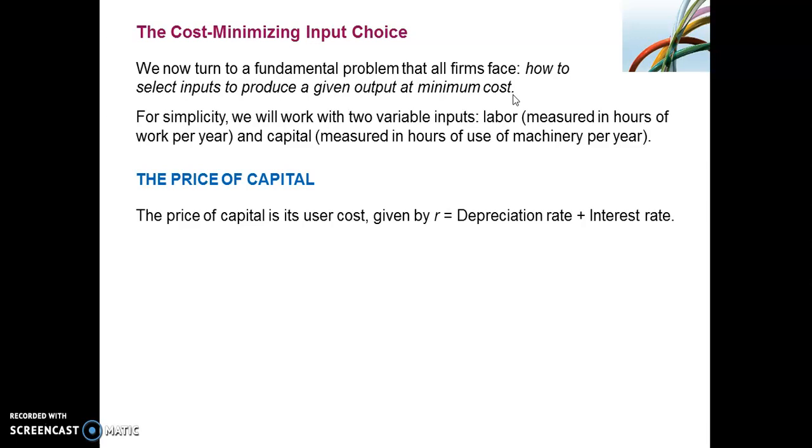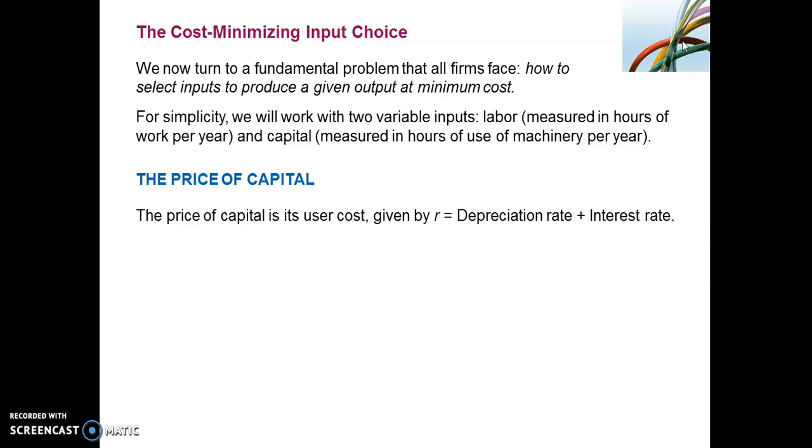And from the previous slide's discussion, we saw that the price of capital was the user cost of having it, and it is determined by R equal to the depreciation plus the interest foregone, right? Now, in these instances, the focus was on purchasing the capital equipment.